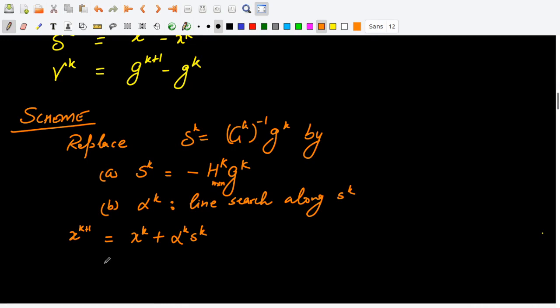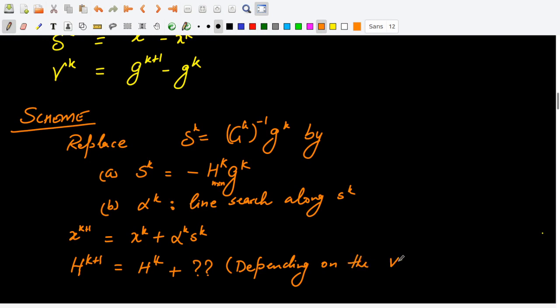And lastly, Hk plus 1, the new H, is going to be the old H plus something, depending on the variant or the method.